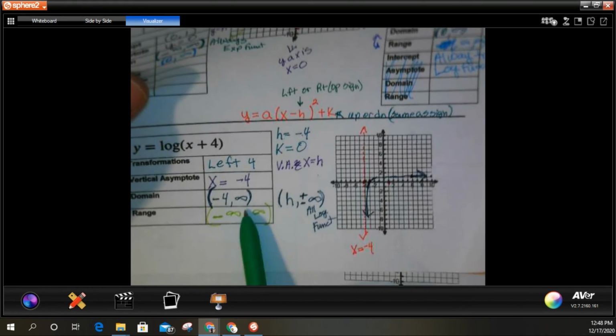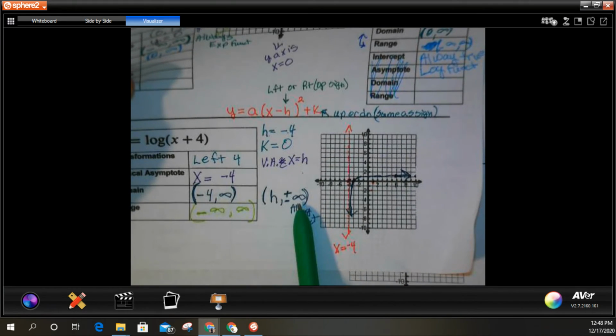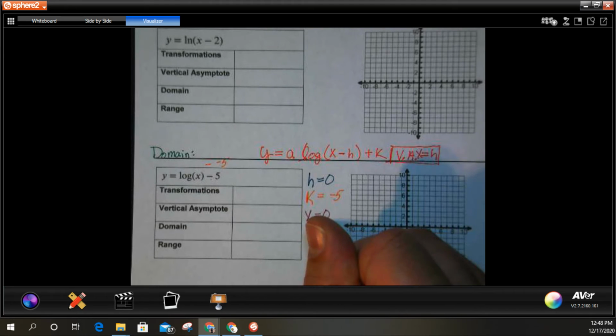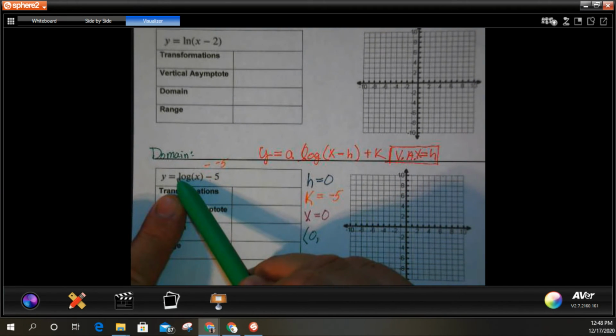So my domain here is h, which is 0, and our a here for this problem, well, there's no negative sign in there, so it's going to be positive infinity. In fact, we know for sure that that's what my domain is, so I'm going to put it in.